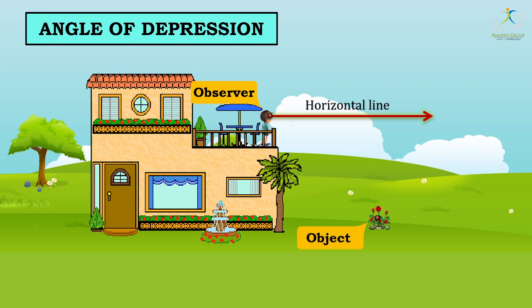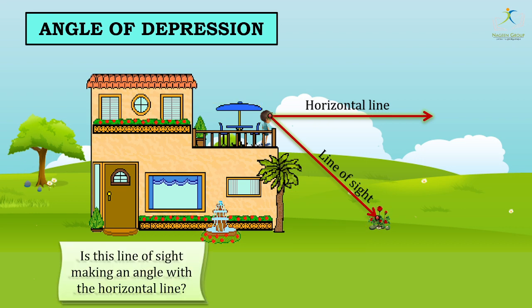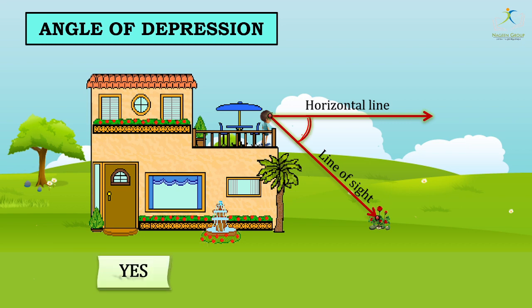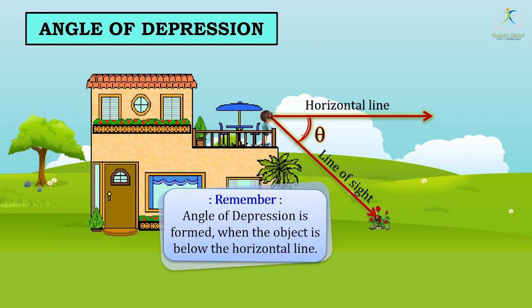So here is the observer, the object, and when he observes this object, this is the line of sight. The horizontal line with the line of sight is making an angle. We call this angle the angle of depression. Angle of depression is formed when the object is below the horizontal line. Whatever is below the horizontal line, the angle it makes we call the angle of depression.